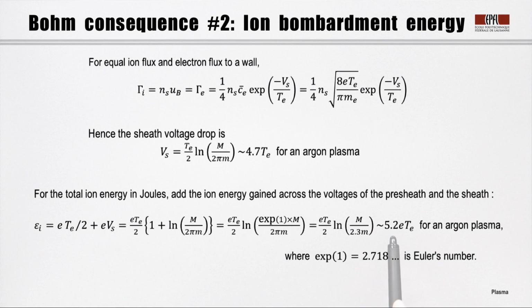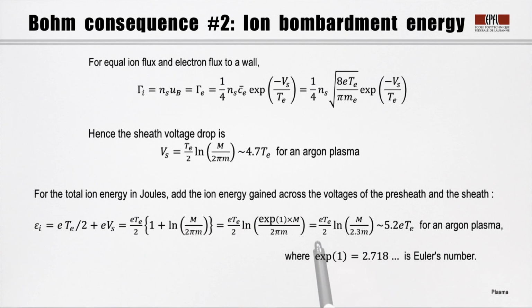Now this 5.2 eTe is 4.7 Te plus a half of Te, as you'd expect. Now in books and papers, if you see this expression for the voltage, then this is the voltage across a sheath.